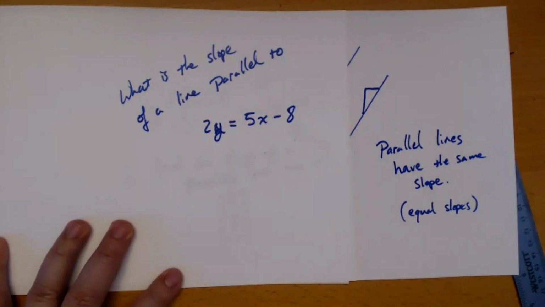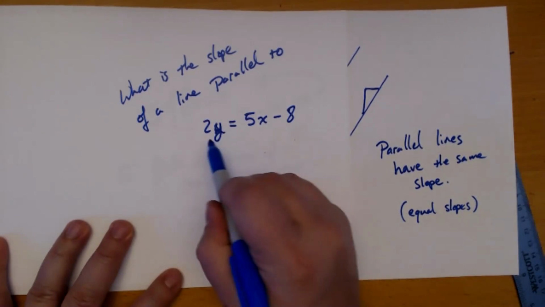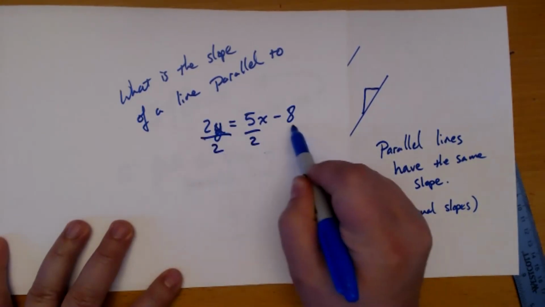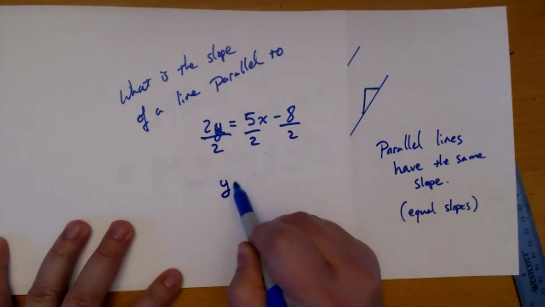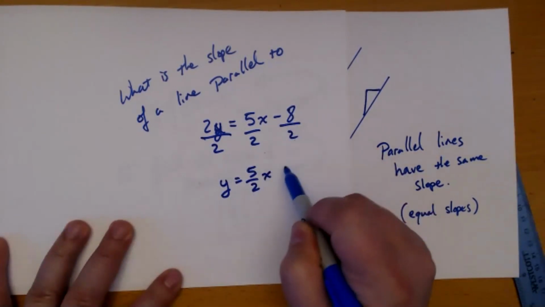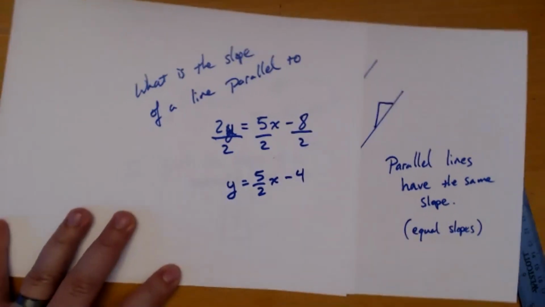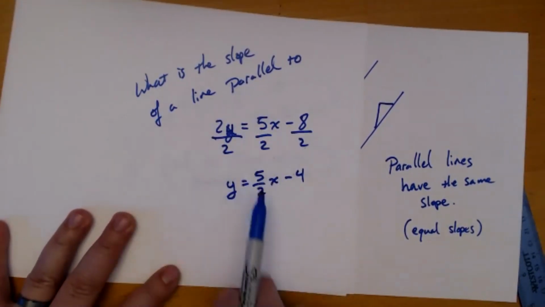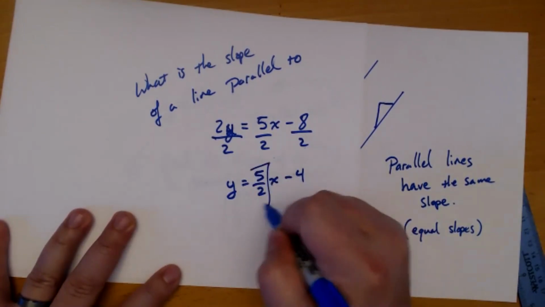Is my slope 5? No. Divide everything by 2. Right, I got to get the y alone, so I'm going to divide everybody by 2. And 8 over 2 is 4. And so what is the slope of a line parallel to this? 5 over 2. That's your answer.